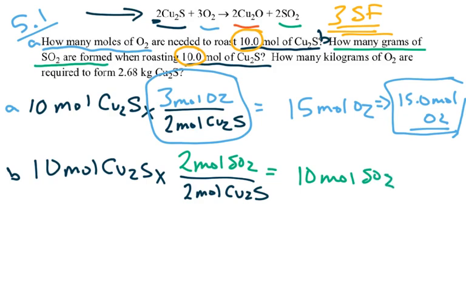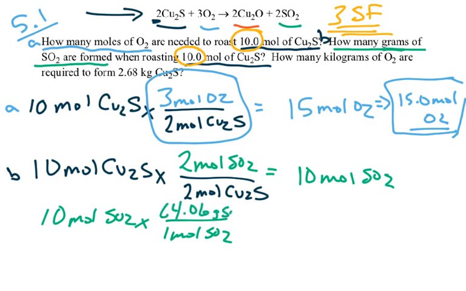All right. And now we're going to grams. So now we're going to get off the island and get on a boat. Okay, we're going to get on our molecular weight boat. So for 10 moles of SO2, for every 1 mole of SO2, there are 64.06 grams of SO2.